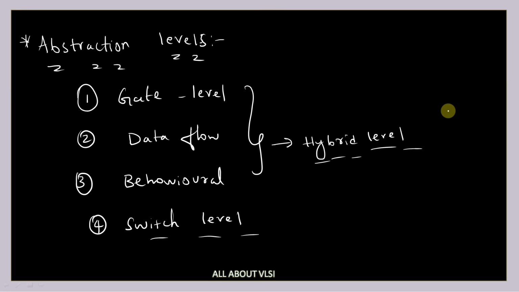Coming to data flow, you are dealing with how your data should flow: what type of data should flow, and what path it should take. You decide all this in data flow modeling. Coming to behavioral modeling, you are not concerned about the internal structure or what type of gates you have internally.